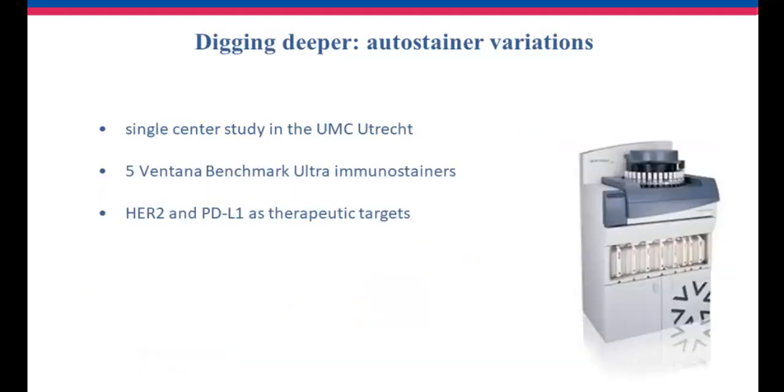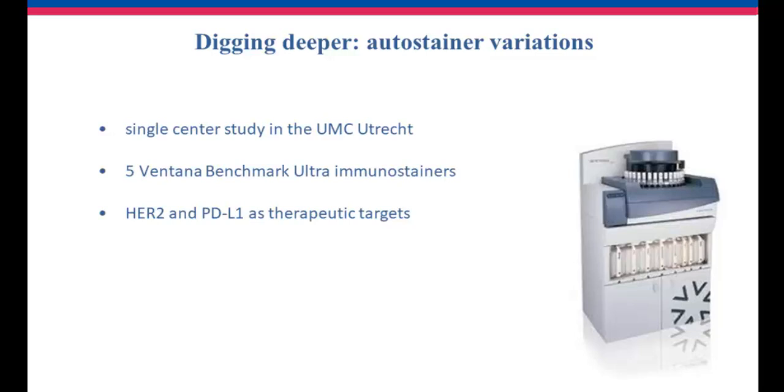So we decided to dig a little bit deeper and try some more experiments because we were not really happy with what we found, and we wanted to find out if perhaps in the stains there were also some problems. So we did a single center study in our own lab here in Utrecht, and we used 5 different Benchmark Ultra stainers from Ventana.